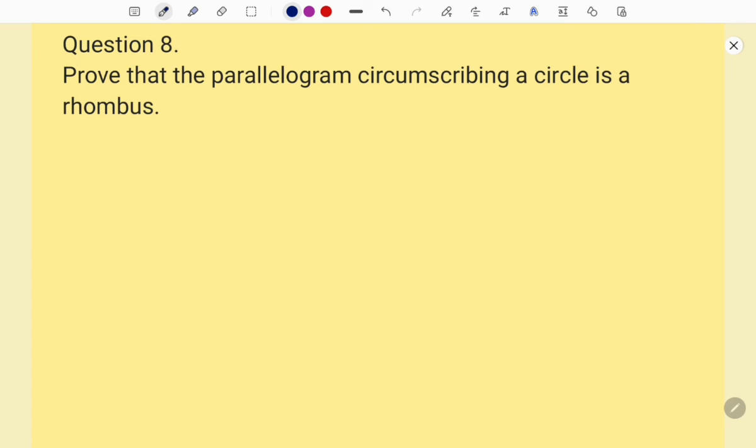Now, question number 8: prove that the parallelogram circumscribing a circle is a rhombus. The parallelogram circumscribing a circle. What is the meaning of this one?